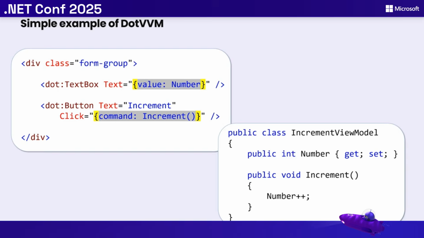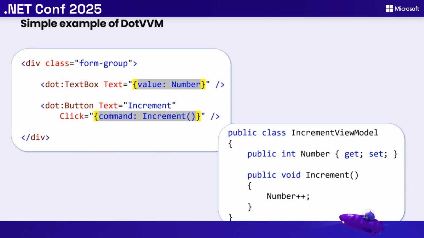Just to have a better idea how the syntax in DotVVM looks like, on the left side you can see the HTML with our custom components like a text box or a button and data binding syntax. This is somehow translated to JavaScript, so you don't need to write it, but that's handled by the framework.